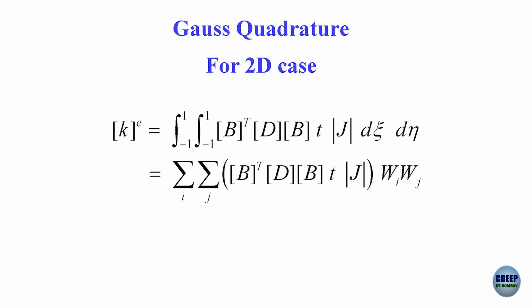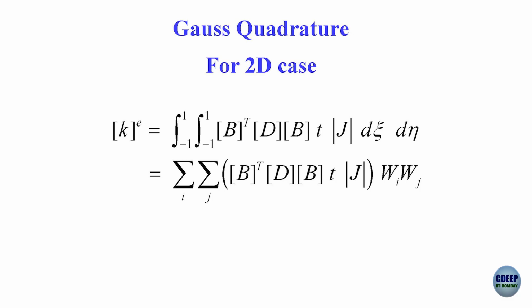So, that whole expression matrix I have to compute at each of these 4 points and then add it up. If it is a 2-point rule, I will compute this integrand at 4 values. At the 4 zeta-eta points, I am going to compute this 8 by 8 matrix, multiply it with the suitable weights Wi, Wj and then add it up.